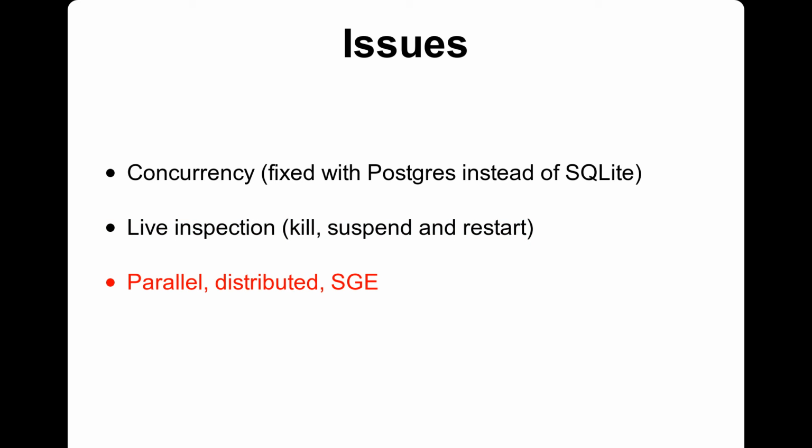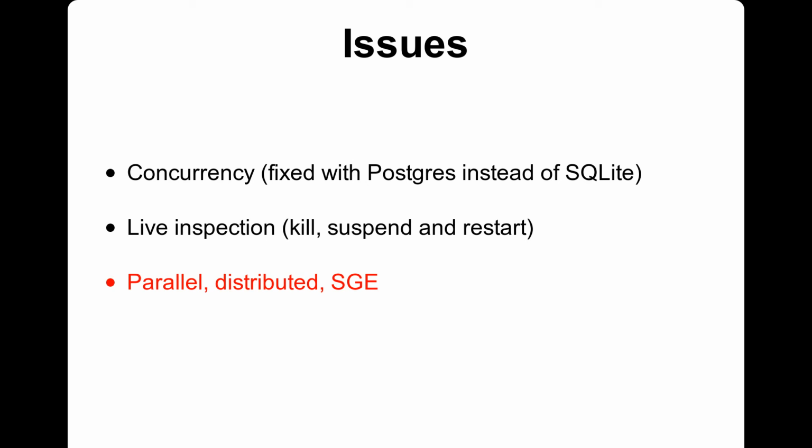So then the third thing really is parallel, distributed, and queuing systems, Sun Grid Engine being one. How does it play with queuing systems? How does it work with parallel jobs? Right now, of course, you can launch a job, and so you can say smt run mpirun.